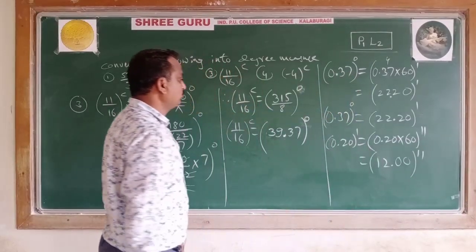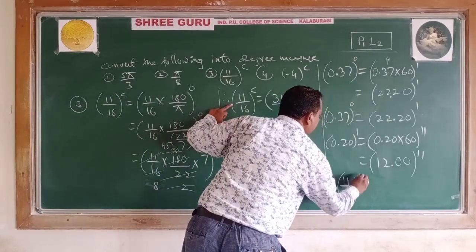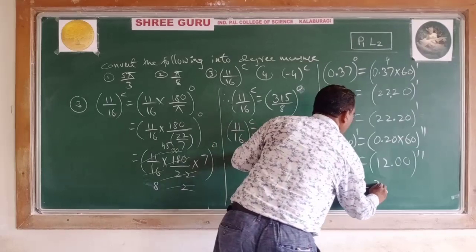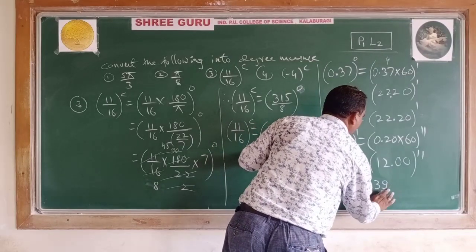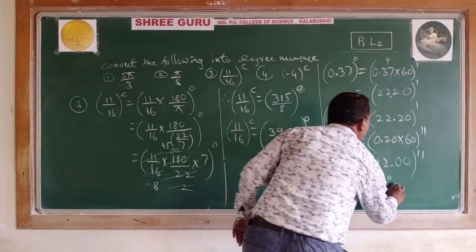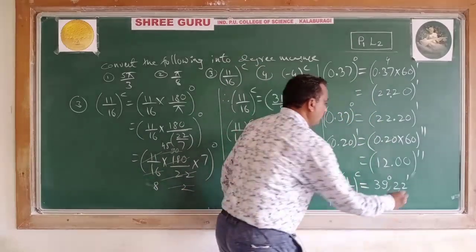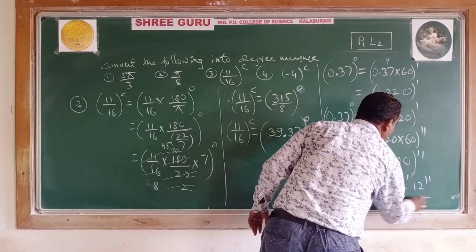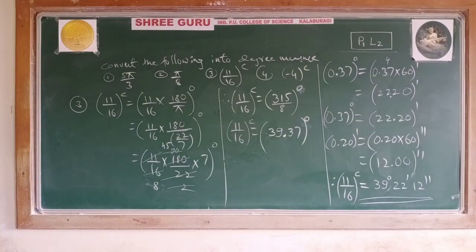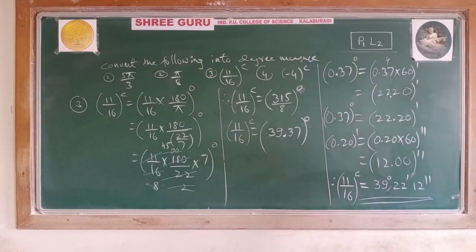So therefore see the students, what is your final answer. 11 by 16 radian becomes 39 degrees, 22 minutes, 12 seconds. This is the final answer, student.